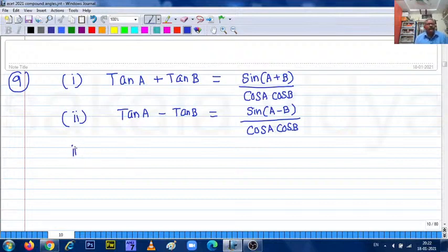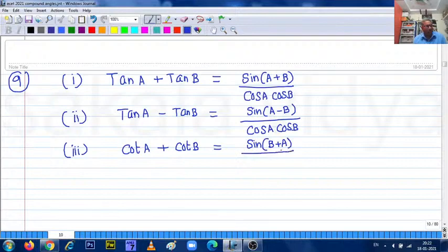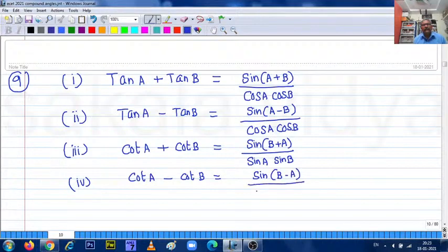So third one, cot A plus cot B equals to sine of B plus A upon sin A sin B. Next fourth one, cot A minus cot B. This is sine of B minus A upon sin A sin B.